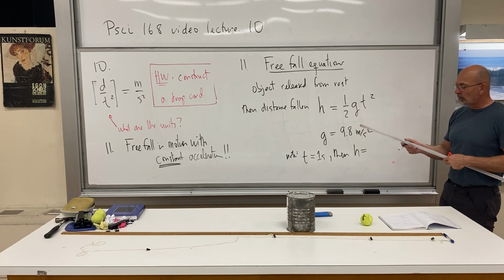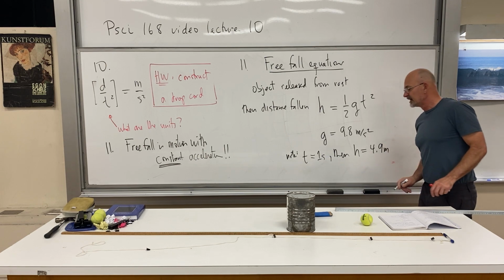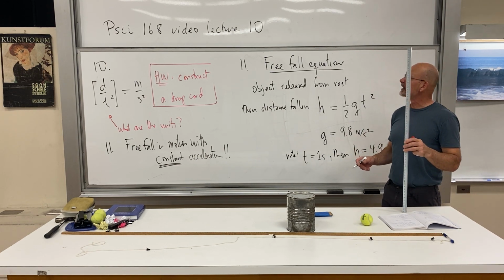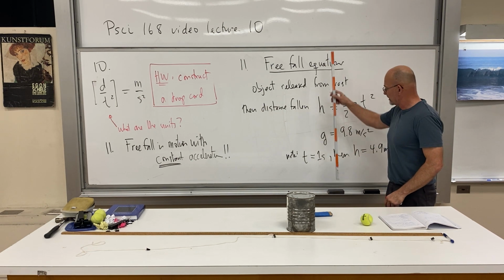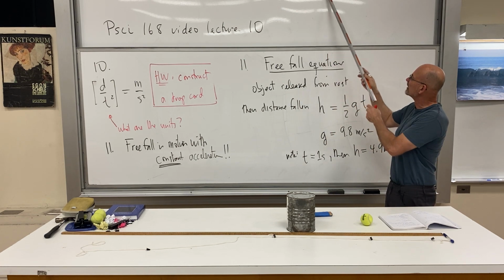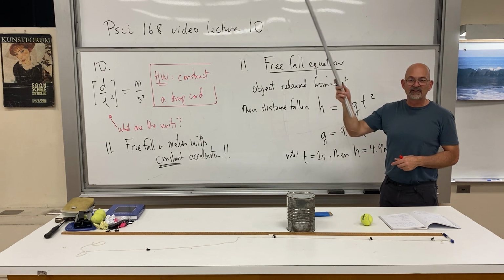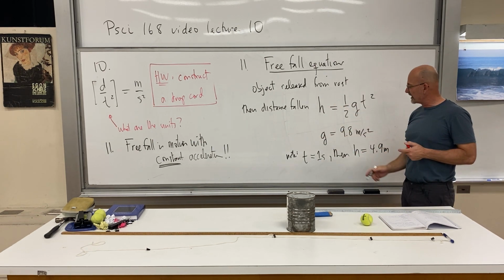So h would be 4.9 meters. Well, this is a meter stick, 4.9 of those. Let's see, here's 1, 2. Top of this board is 2, so what you can see in the image here is probably 2.5 meters. So 4.9 is up there. That's how far something falls in 1 second.